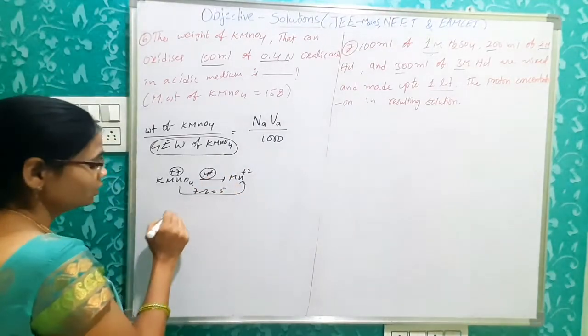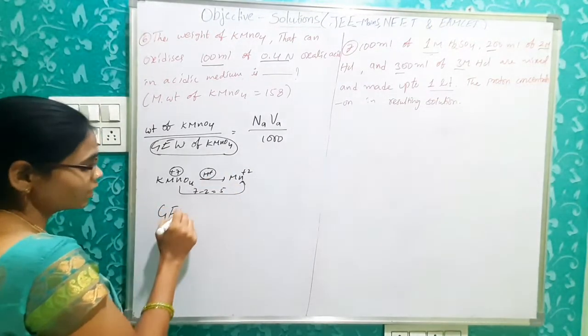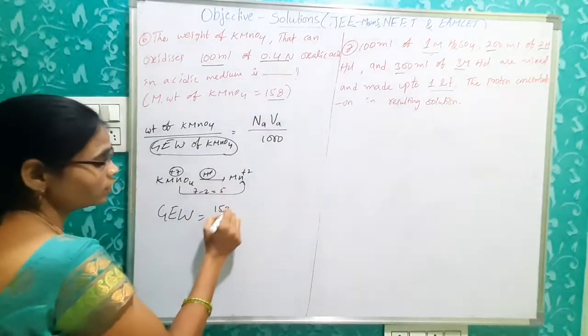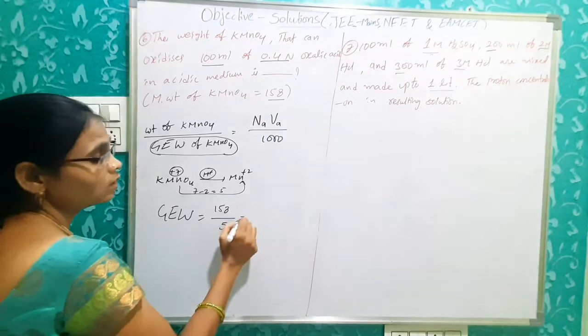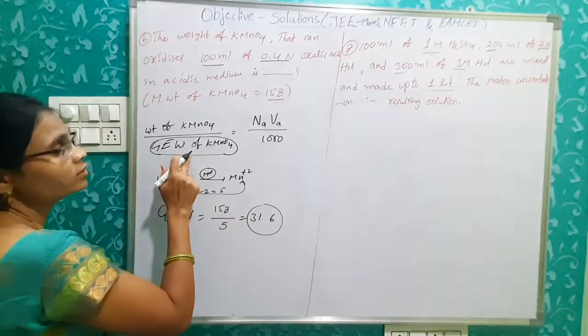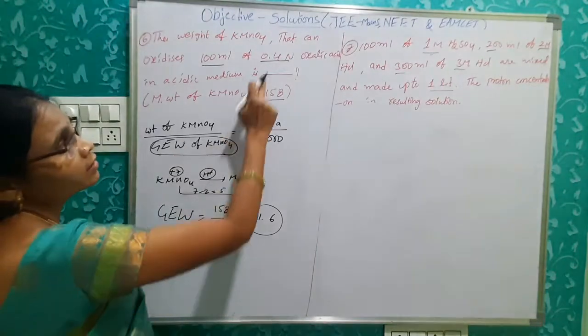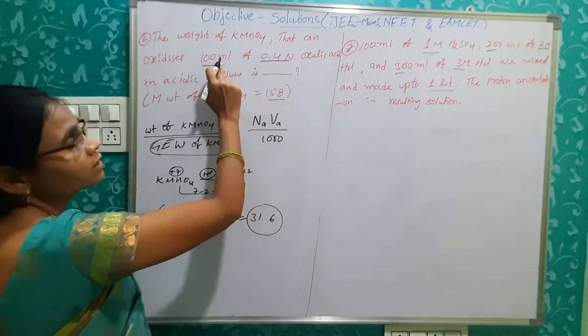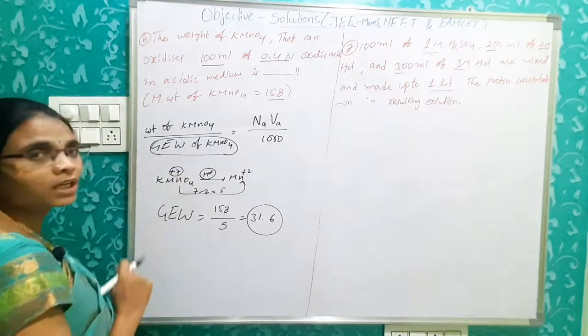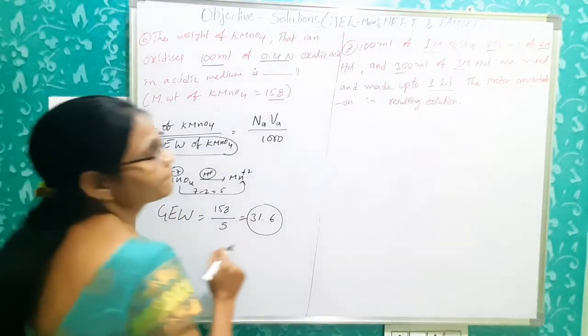So simply the gram equivalent weight of KMnO4, formula weight given as 158, by 5, is 31.6. So this 31.6 goes right here, and Na is given as 0.4, Va is given as 100 ml by 1000. Then you can simplify, you will get the answer. Okay, next.